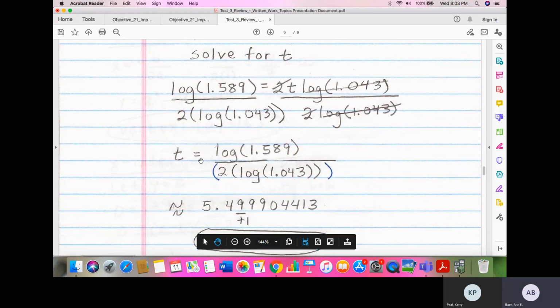And that equals what we have over here, log of 1.589 divided by 2 times log of 1.043. Now, when you put this into your calculator, anytime you have 2 or more numbers represented in the numerator or denominator, you want to put parentheses around that numerator or denominator.